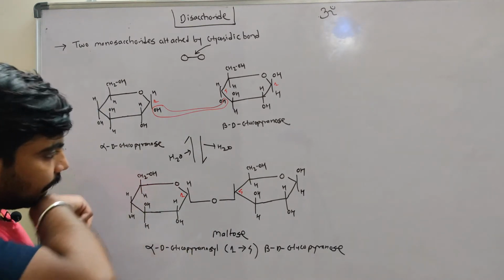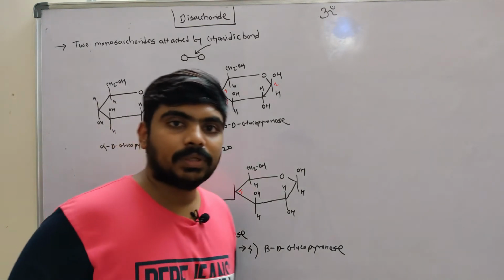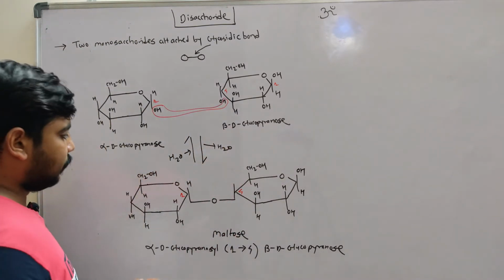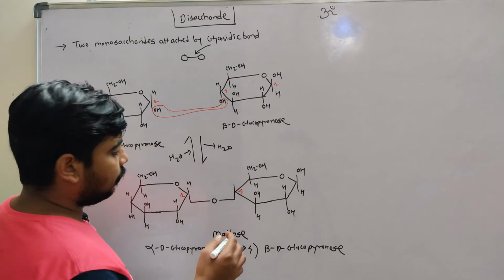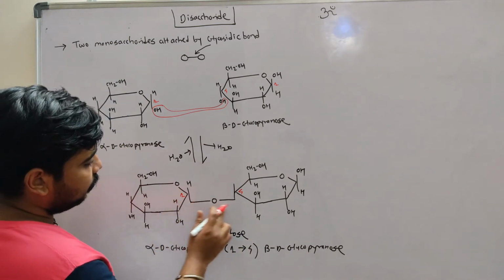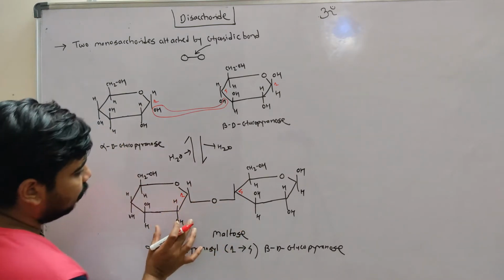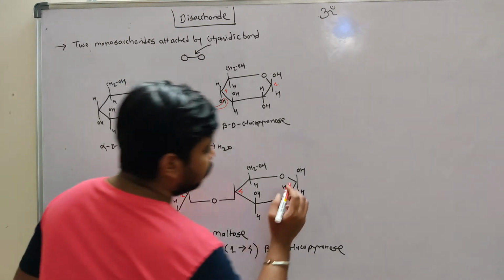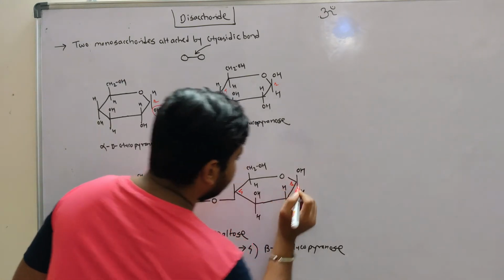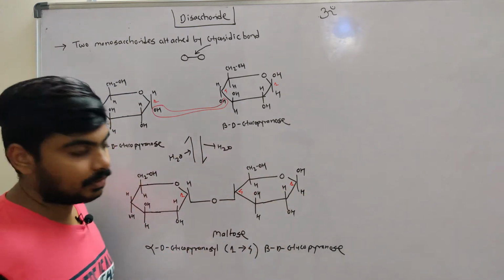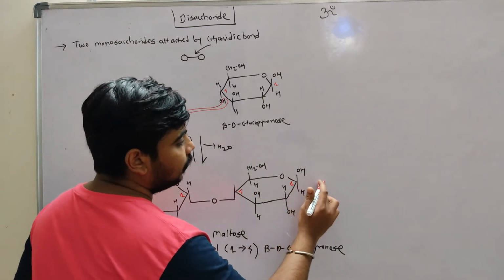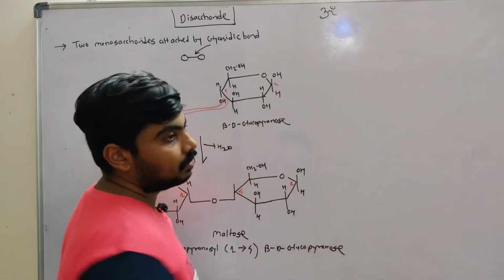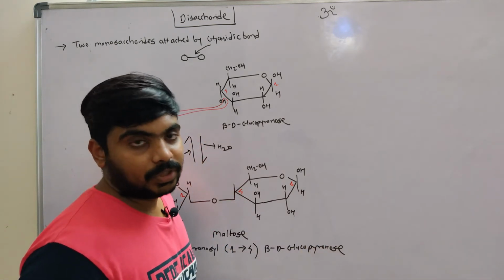If you look at the structure of maltose, the anomeric carbon of alpha D glucopyranose is involved in the glycosidic bond, but the anomeric carbon of beta D glucopyranose is free. So it can form another glycosidic bond with another glucose or any monosaccharide.